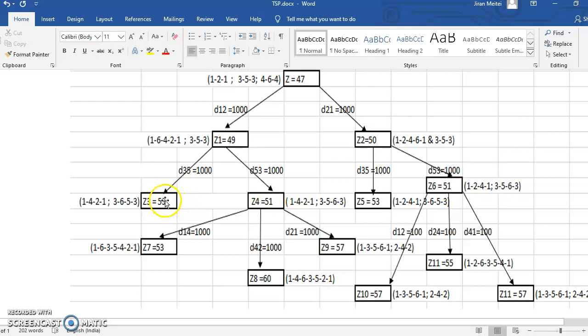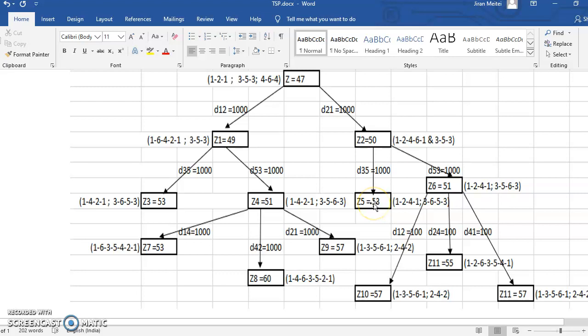Now, this is 53, this is 51, this is 50. So the lesser of the three is 50. So we consider this subproblem for further branching. We select this subtour and divide the problem into two more subproblems, subproblem number 5 and subproblem number 6. In subproblem number 5, we put D21 and D35 equal to 1000 in the original table and solve it.